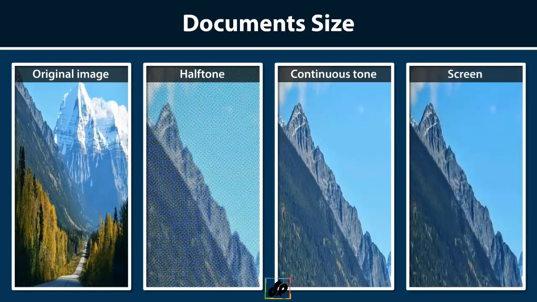Now, let's discuss the document size we will need to display our images on a screen, such as a monitor or a phone. In this case, it is the total pixel count which is to be considered and not the resolution, because each of those devices can display a specific number of pixels.